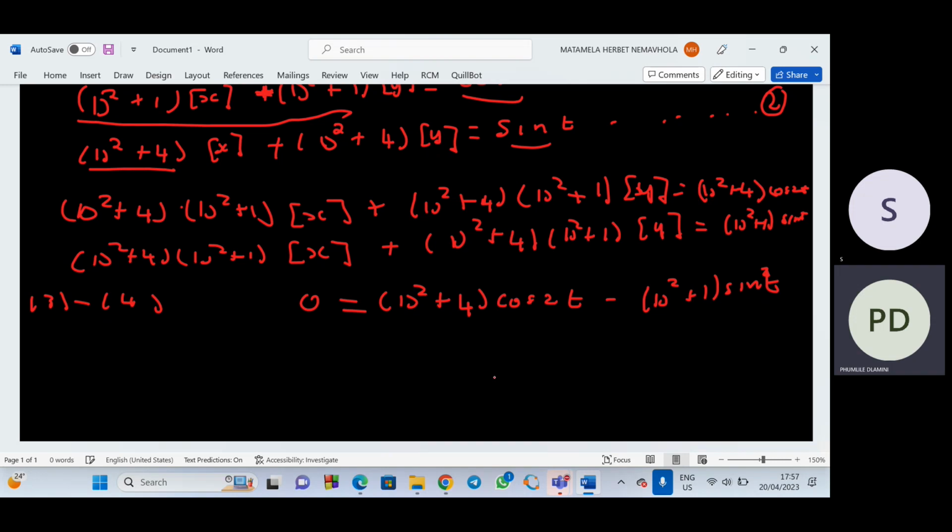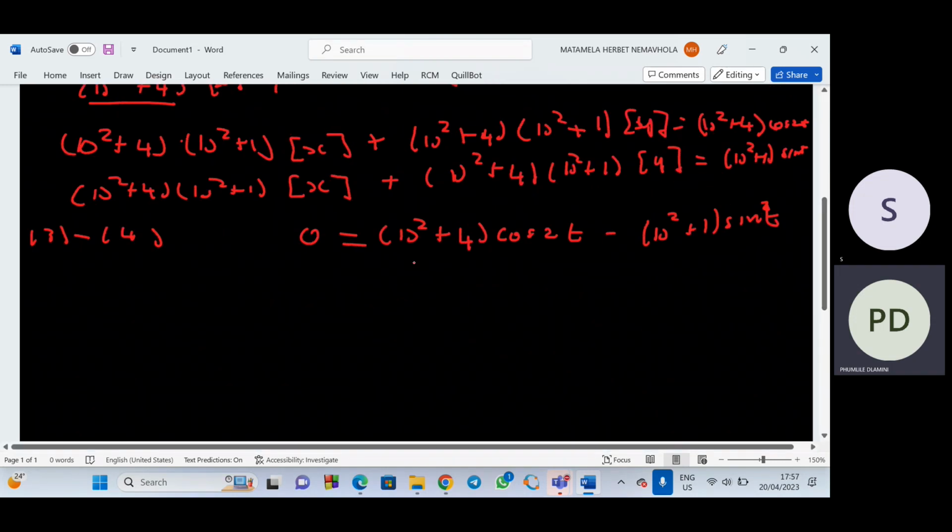We can rewrite it on the other side, but I'm just going to solve it. If you subtract here, this is going to give us 4.